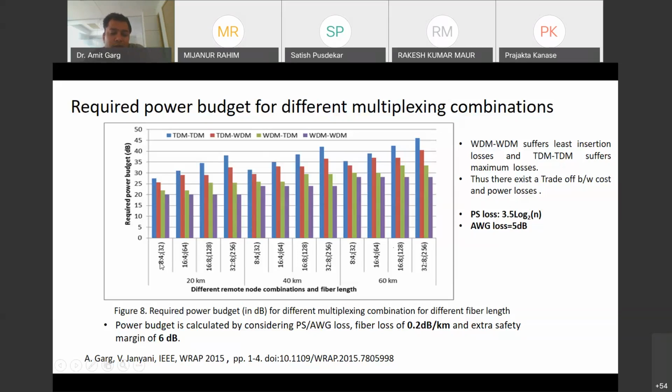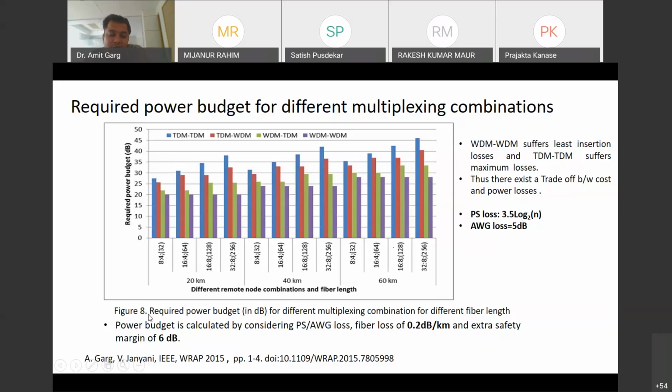So basically what is happening here? If in both the ports we have connected the AWG, then there will be 5 dB and 5 dB losses for AWG. So 2 times AWG means 10 dB loss. And if we consider the 0.2 dB per kilometer loss for fiber, then for 20 kilometer fiber, it will be 4 dB additional fiber loss.